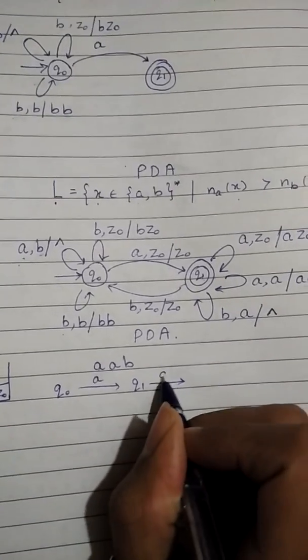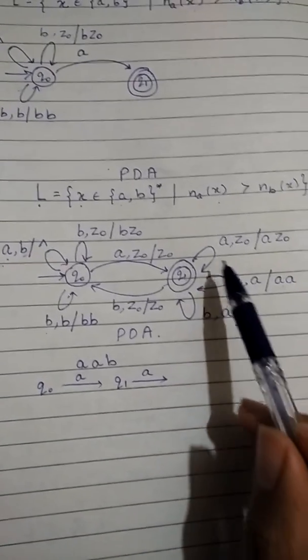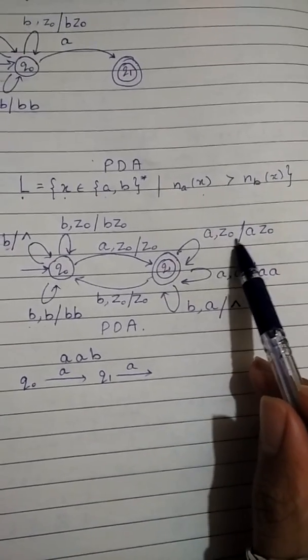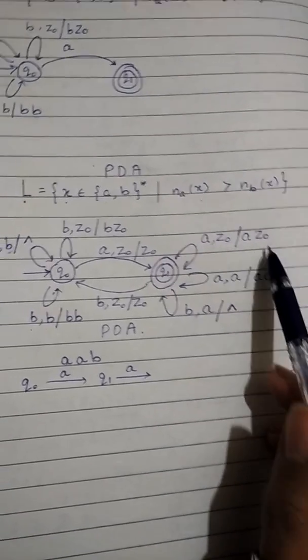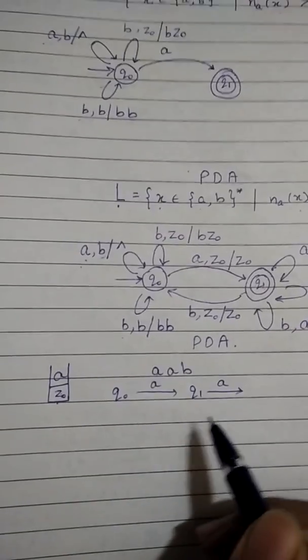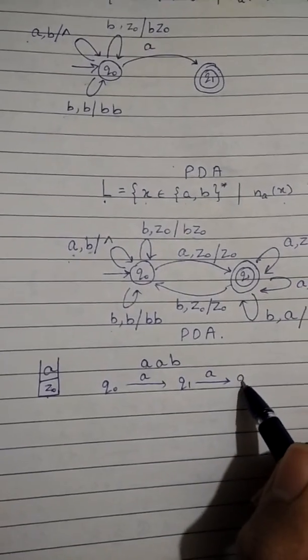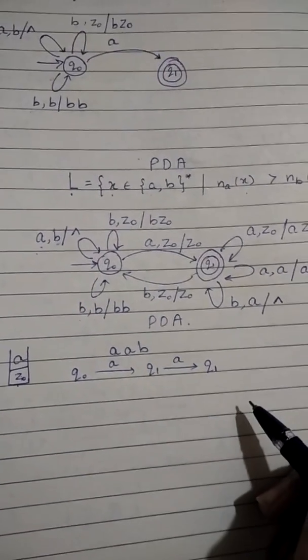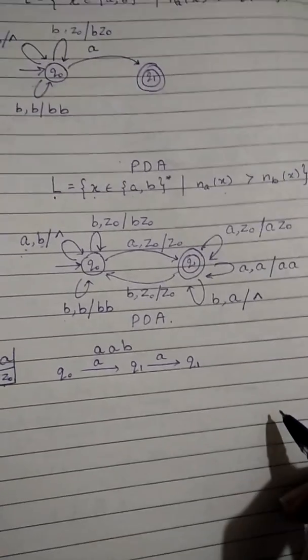Now again we get an a. So we look at the transition a, Z0, and we'll be replacing it with aZ0. So our stack becomes aZ0 and we'll remain at Q1.